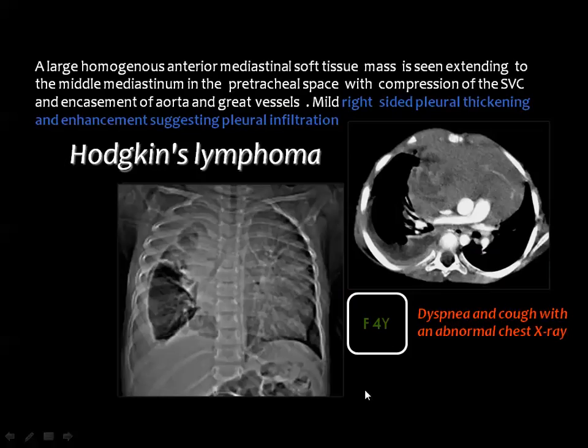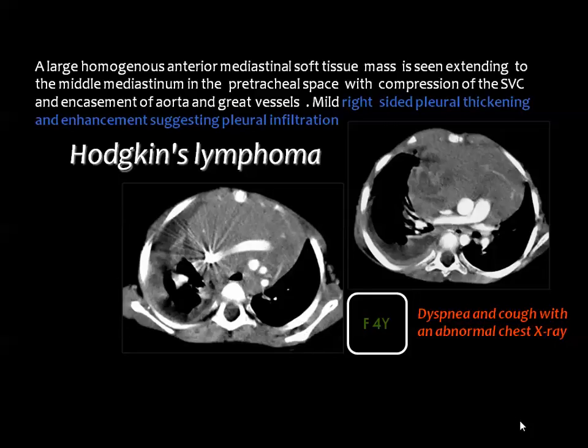the possibility of thymic lymphoma. Then you see here a big anterior mediastinal soft tissue mass compressing the mediastinal vessels, and it appeared in the plain X-ray as widening of the mediastinum. And you see also the presence of pleural effusion.